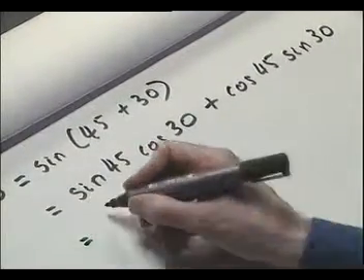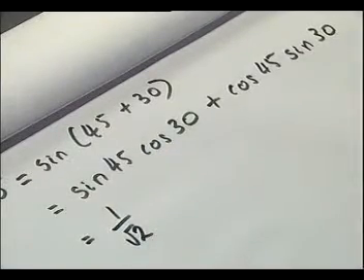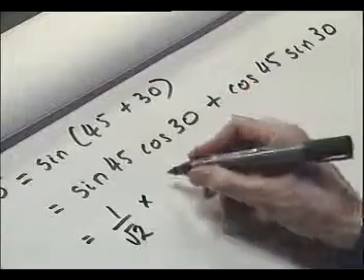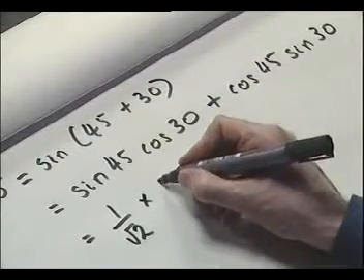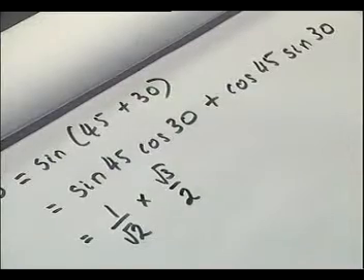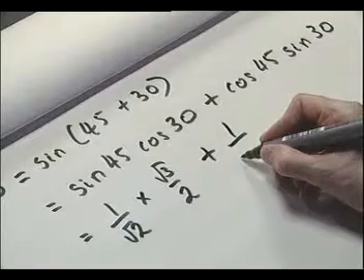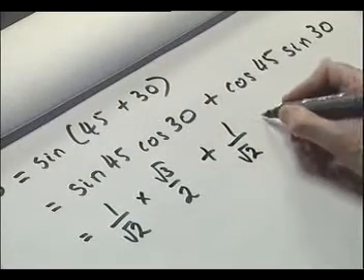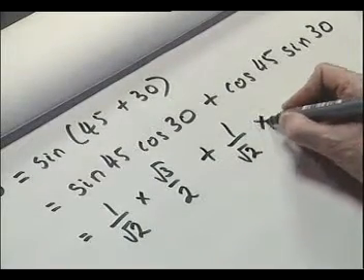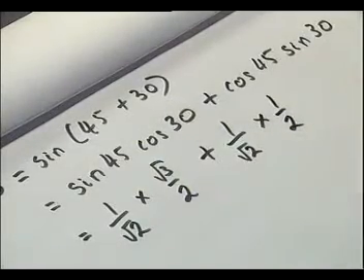Sine 45, that's 1 over root 2, times cos 30. Well, cos 30 is root 3 over 2, plus cos of 45 is 1 over root 2, times sine of 30, which is just a half.